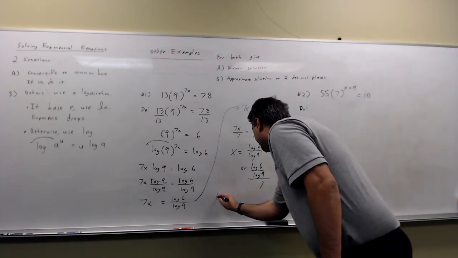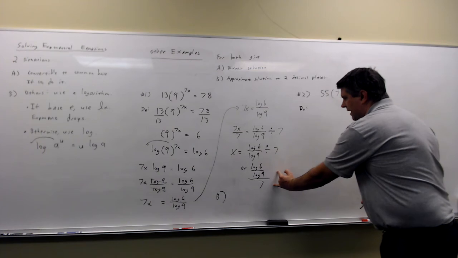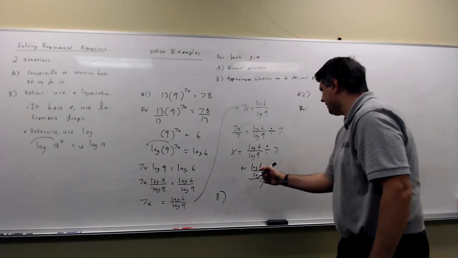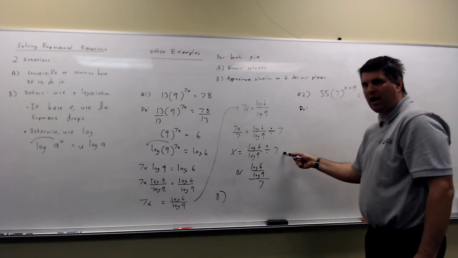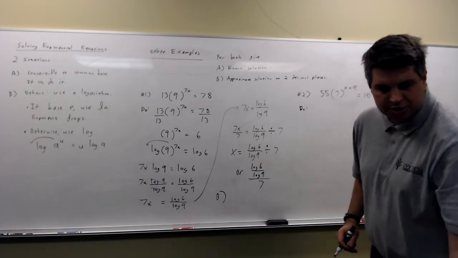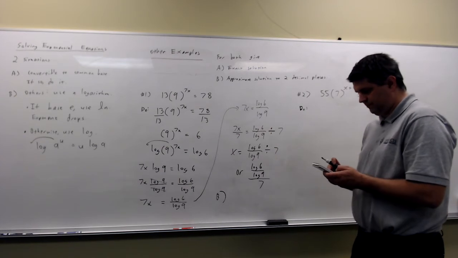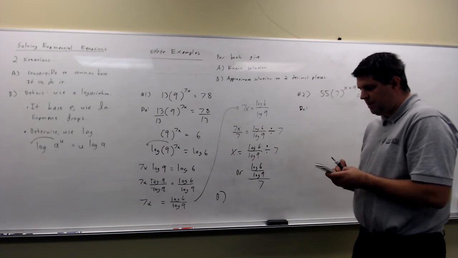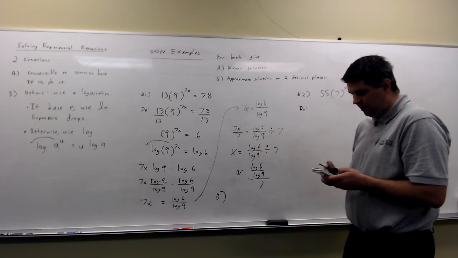Now, we're going to do b. So these are the exact values, either this or this. Okay, your choice. This is more calculator friendly. So I'm going to take my calculator, log of 6, that's approximately 0.778 divided by log of 9.